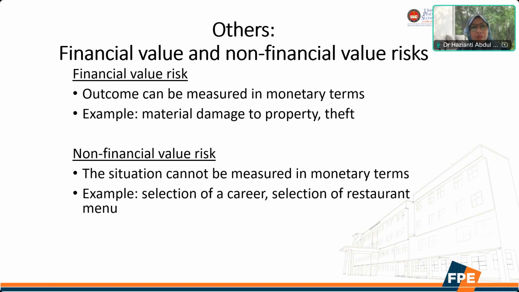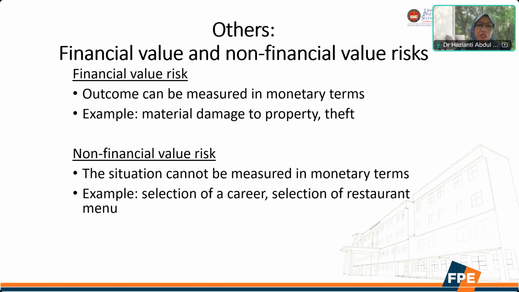Other types of risk can be financial value and also non-financial value risk. As the name implies, financial value risk means the outcome can be measured in monetary terms. So for example, material damage to property. We can put a certain ringgit value to that damage. And next would be non-financial value risk.